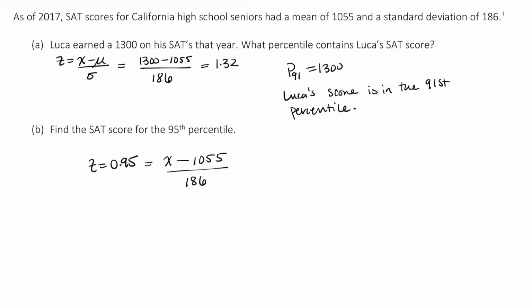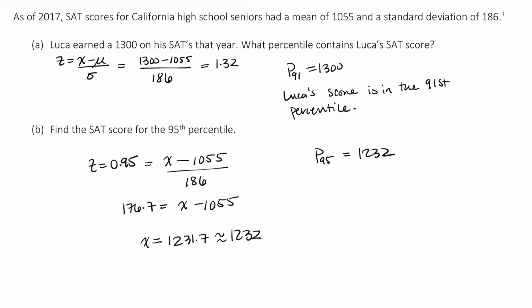So multiplying both sides by 186 will give us 176.7 on the left equals x minus 1055. And then we add 1055 to both sides to get x is equal to 1231.7, and I'm going to round that to 1232. So the 95th percentile is a score of 1232.